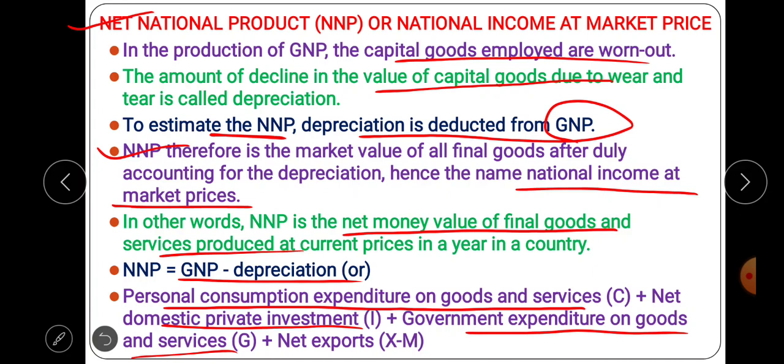Net exports means when we deduct the imports from the exports, then we get the net exports. Okay. So, with the help of this formula, that is C plus I plus G plus X minus M, we can calculate the NNP. Okay.